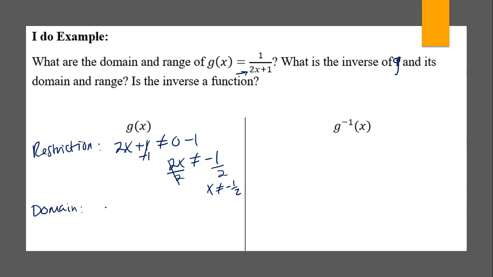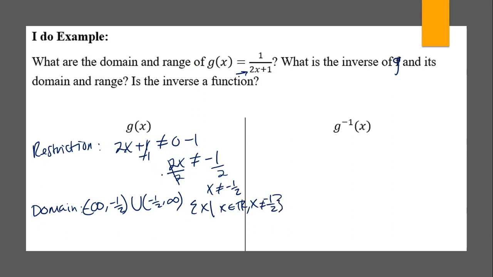So then my domain and range are extremely long to write in interval notation. In interval notation, I'm going from -infinity to -1/2, union -1/2 to positive infinity. In set notation, I'm not going to write both of these continuously because it gets ridiculous: x such that x is all real numbers, but x cannot equal -1/2.